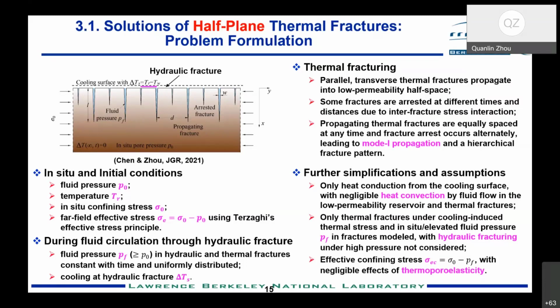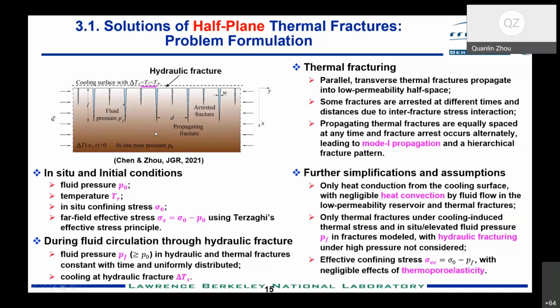So the system has an in situ confining stress sigma 0, and we also have a far field effective confining stress sigma E. Reservoir cooling by heat conduction in this direction induces thermal stress in the Y direction that initiates and propagates thermal fracture in the X direction.